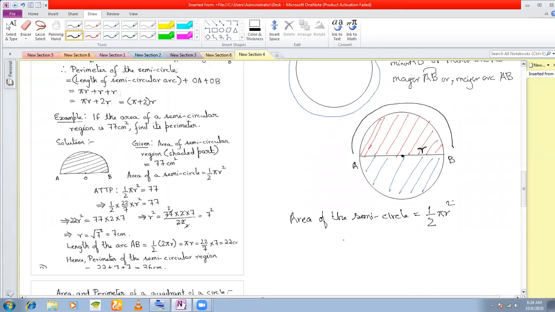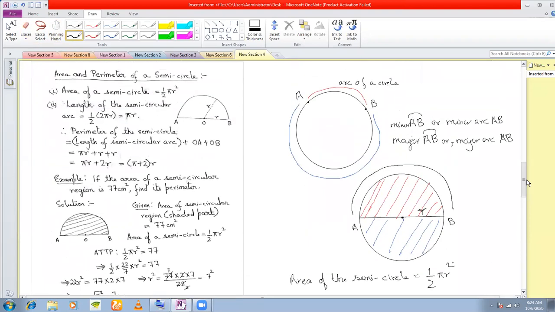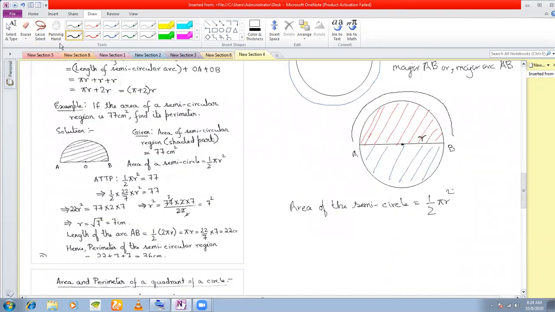And next, the length of the semicircular arc. Now you see this arc that I have marked here. What is the length of this arc?